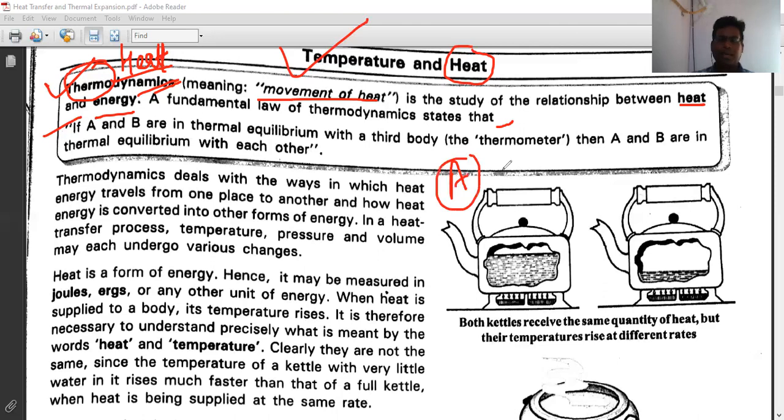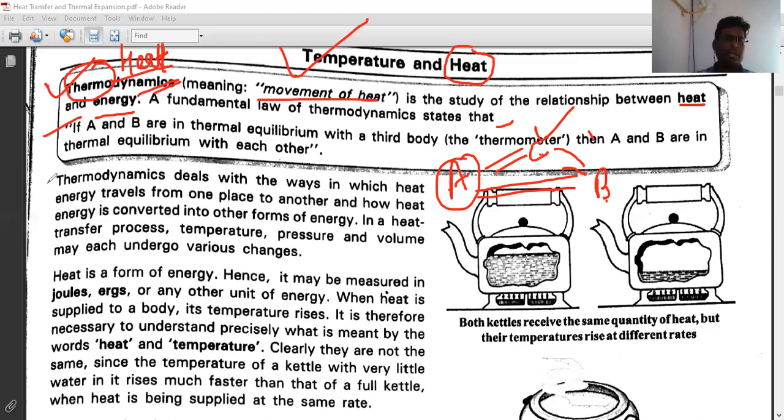Suppose A is in thermal equilibrium with C, and B is also in thermal equilibrium with C. So C is common to both A and B. So this concludes that A is also in thermal equilibrium with B. That is called thermal equilibrium, right? When A is thermally equal to C and B is also equal to C, so that concludes A is also equal to B.